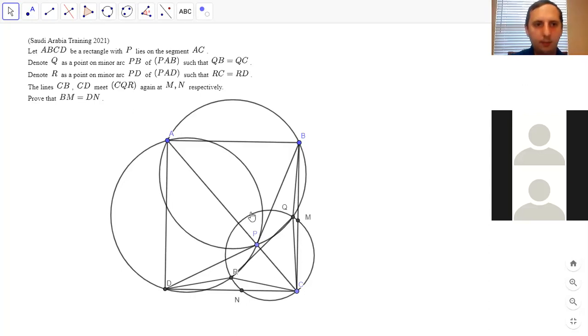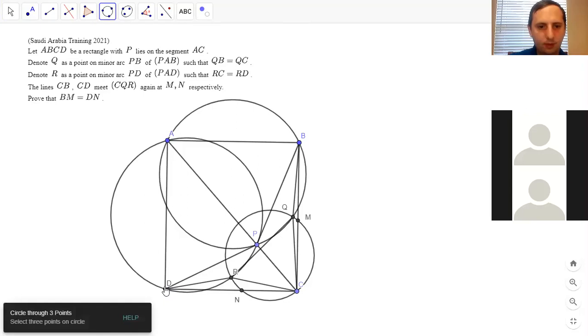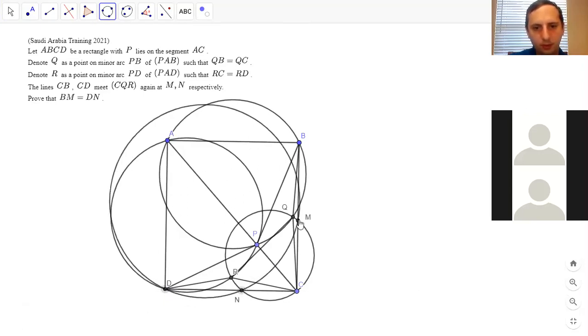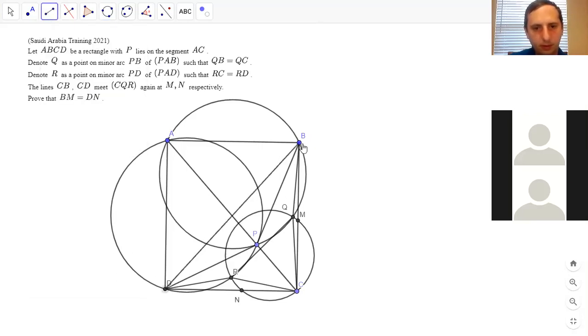Let's see, is BMDN cyclic? No, I don't think so, because then it would have to be an isosceles trapezoid. I wonder if there's anything special about diagonal BD.